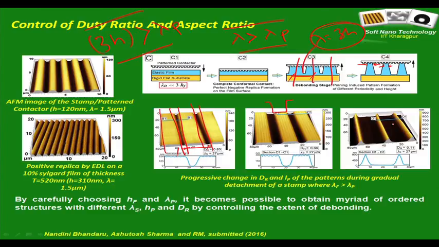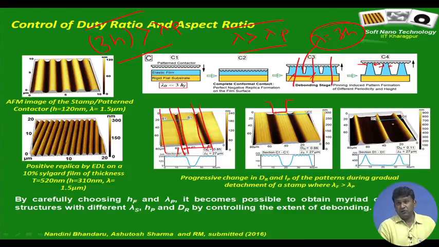So, as one pulls the contactor upward, the structures become progressively taller, and additionally they become narrow. We had talked about duty ratio. Under this particular condition, which apparently is not commensurate for creating structures, you can not only create tall structures, but using a single stamp, by varying the extent of detachment, you can create structures which have different duty ratio.